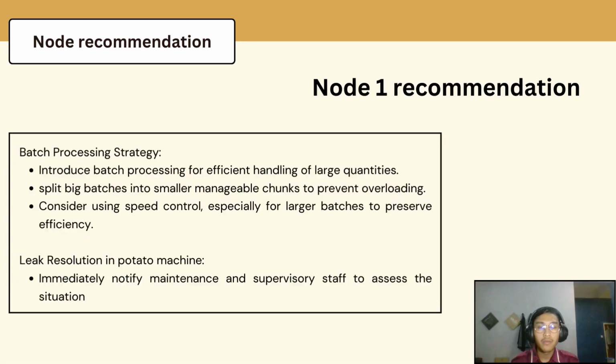Thank you very much. For node one recommendation, our group recommends using a batch processing strategy, which is to introduce batch processing for efficient handling of large quantities, splitting big batches into smaller manageable chunks to prevent overloading, and considering using speed control, especially for larger batches, to preserve efficiency.